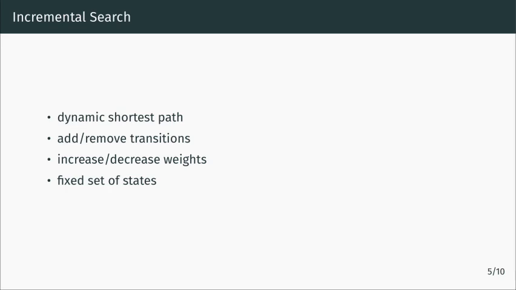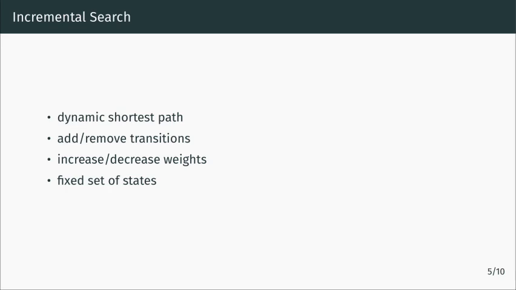Incremental search is also known as the dynamic shortest path problem, and the algorithms for this problem differ in how many transformations of the transition system they support. So some support only adding transitions, some support removing transitions, some support both. Likewise for increasing and decreasing weights of the transitions.